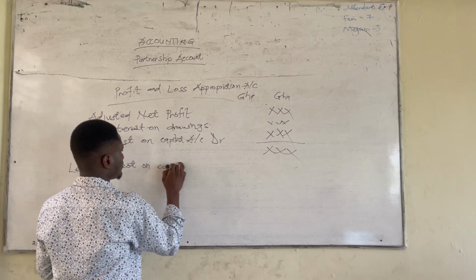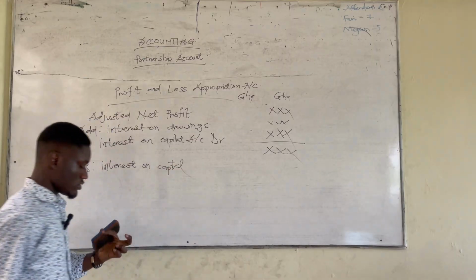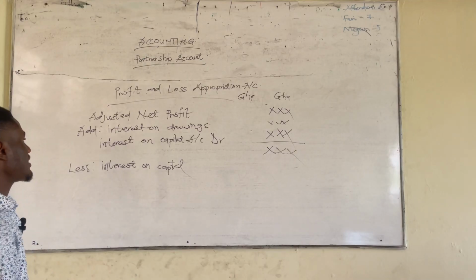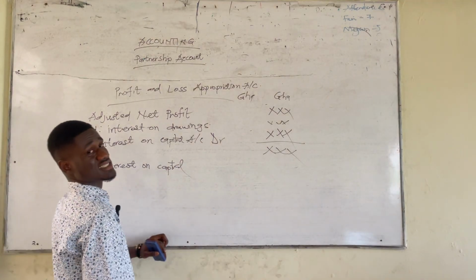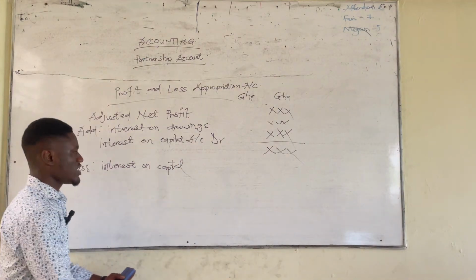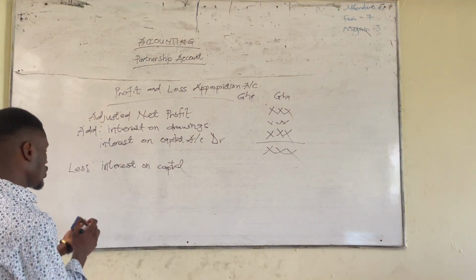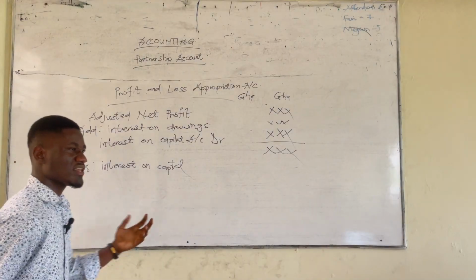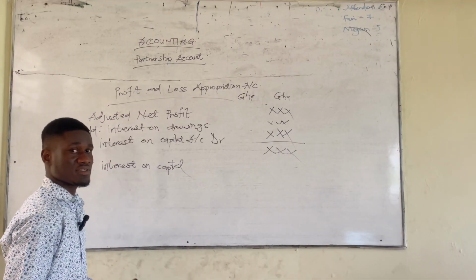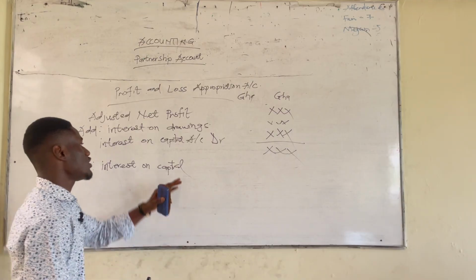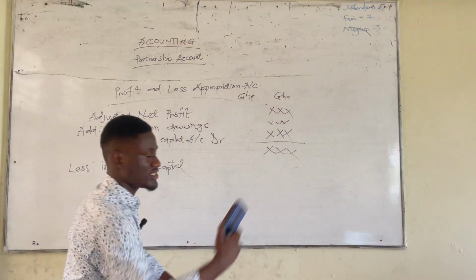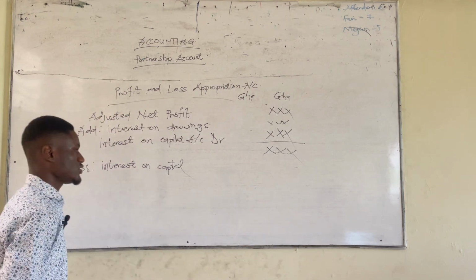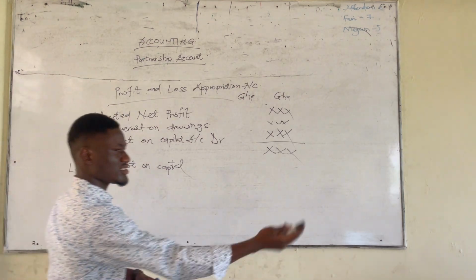Interest on capital. Good. So if there is any capital the partners introduce into the business, it's going to attract some interest. So if the interest is, let's say, 500, I've given to you the business entity, separate concept. So I've given to the business, this is what I'm investing into the business. Good. I'm going to attract some interest.